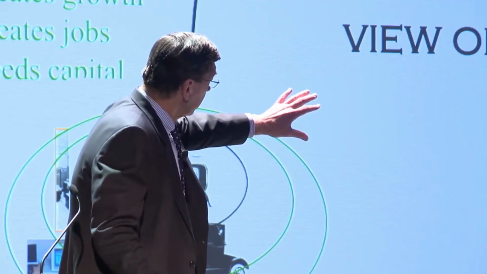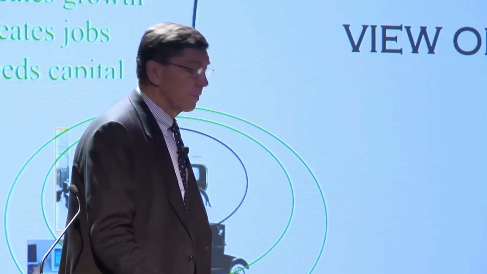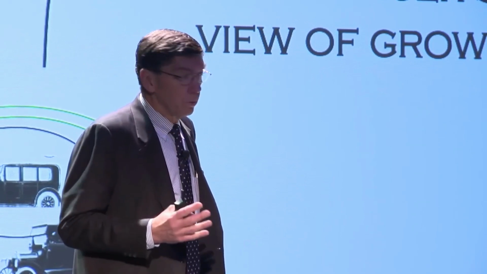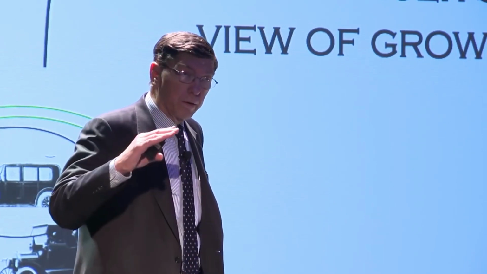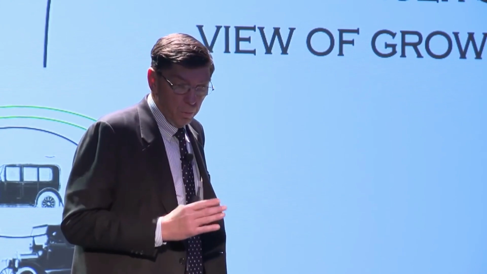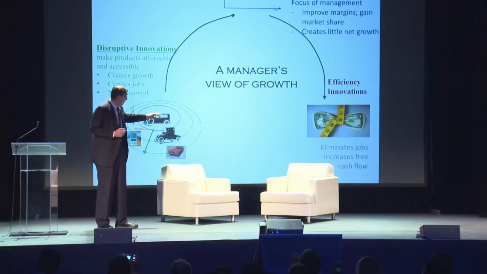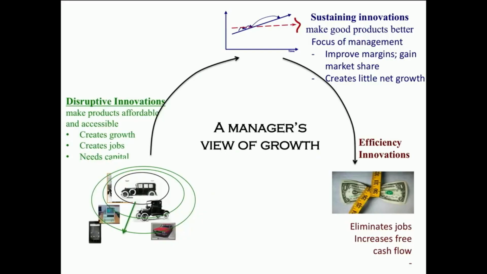And then the third type of innovation we call efficiency innovations. Their purpose is to help you make more with less. They also are very important, because if we're not getting ever more efficient, we'll get killed sooner rather than later. But by their very nature, efficiency innovations eliminate jobs. So when Walmart comes into a community, it's an efficiency innovation.